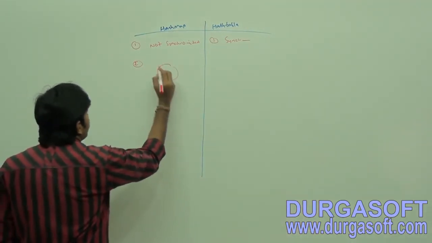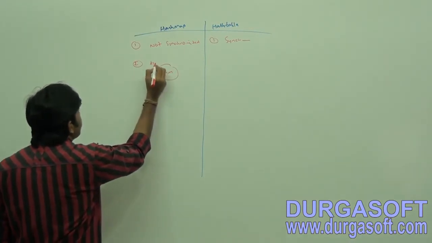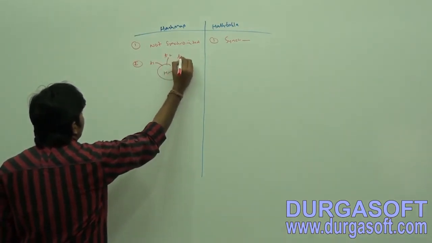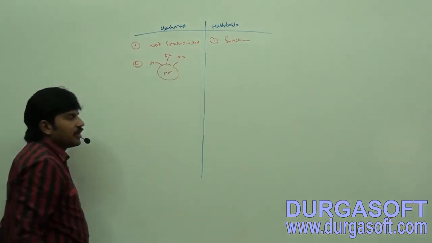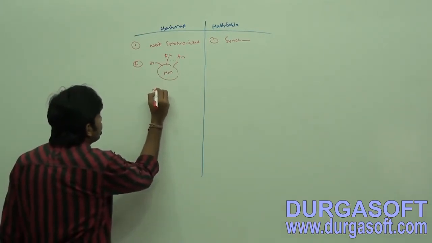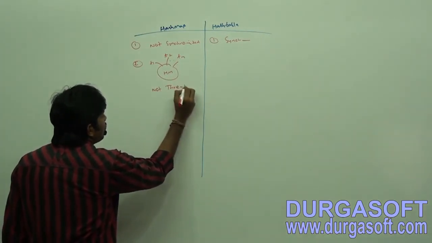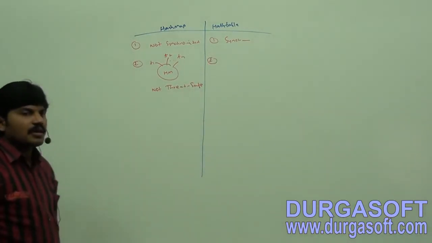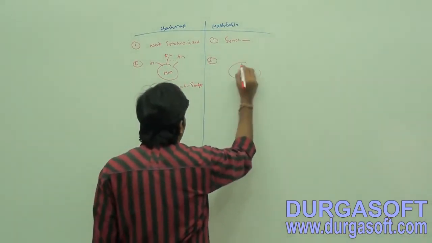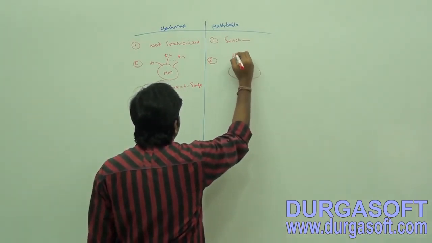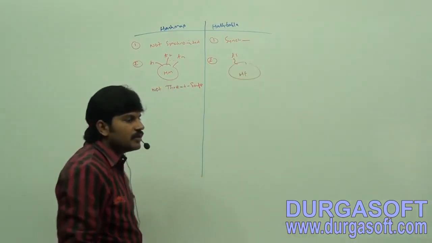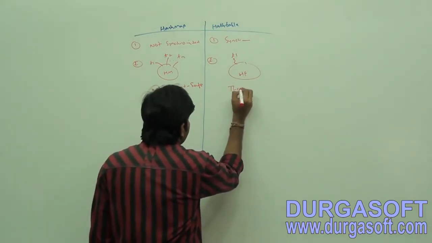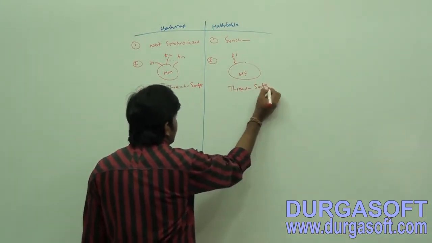So that's why it is not thread safe. At a time on the Hashtable, how many threads are allowed to operate? Only one thread is allowed to operate. That's why it is thread safe.